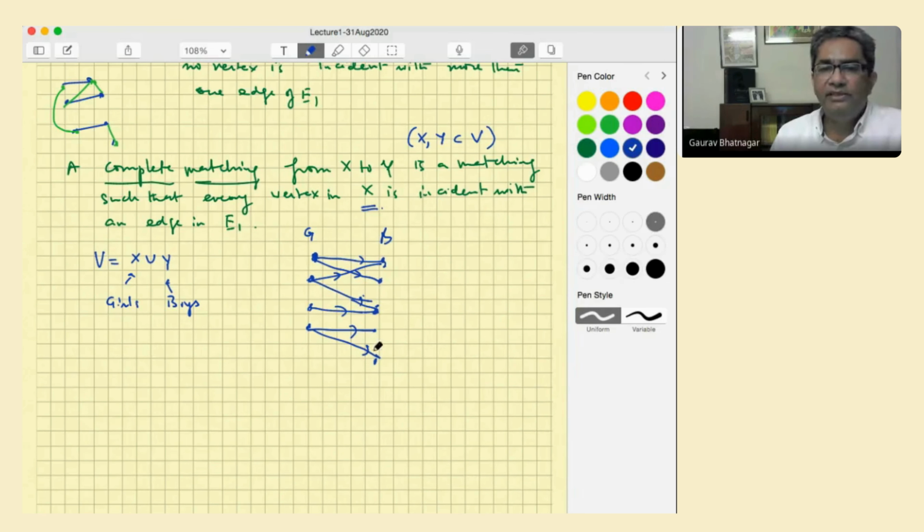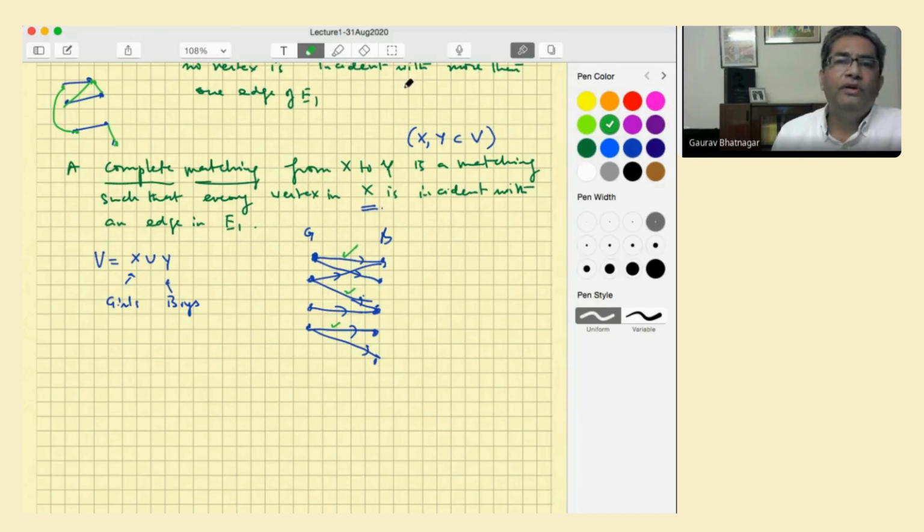That is assuming boys have no voice of their own, of course. So it's a unidirectional thing. If I take this vertex, this is okay, this is okay, and this is okay. But now this one can't get anything because this is already covered.